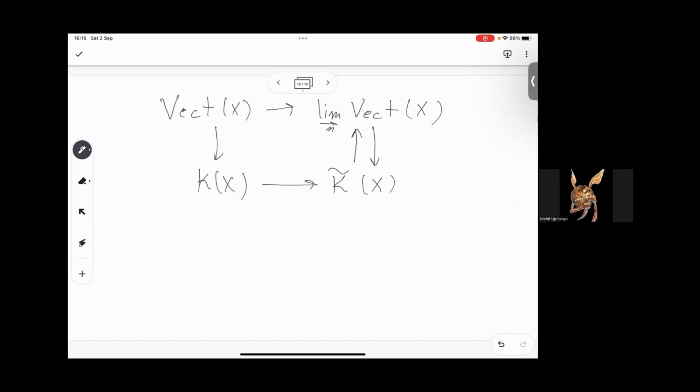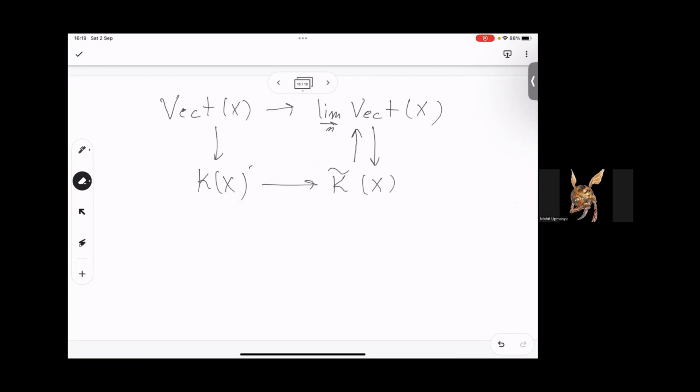Why? Because if we have a map from Vect X to a group, that will factor through Kx. But this map will send all trivial bundles to the 0 trivial bundle, because all trivial bundles have been identified in the direct limit, as we just saw. That means this map in fact factors through K tilde X.